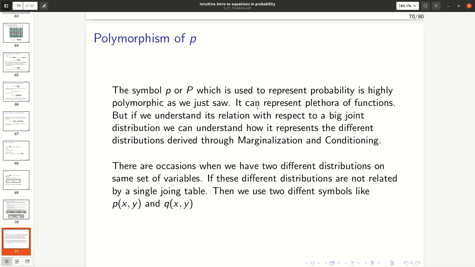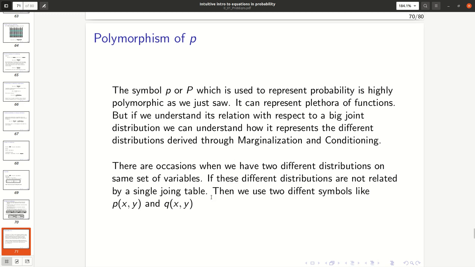But if we understand how these equations are derived, then there is no scope for confusion, and we can represent the probability without much clutter. If you read articles which use probability techniques, marginalization and conditioning are applied multiple times, so we can use the same symbol P without causing confusion.